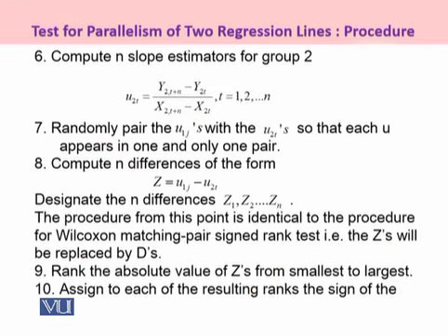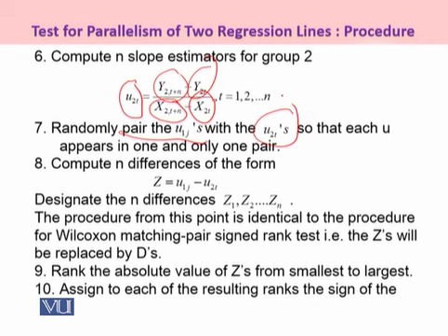We compute n slope estimators for group 2 using the same formula, u2t equal to (y2t plus n minus y2t) divided by (x2t plus n minus x2t). Once we are done with the calculation of the slope estimators for group 1 and group 2, we randomly pair the u1j's with the u2t's so that each u appears in one and only one pair. So they are distinct pairs actually.